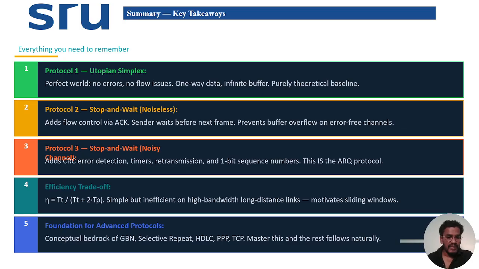Simple but inefficient on high-bandwidth, long-distance links, which motivates sliding windows, the foundation for advanced protocols. This concept is the bedrock of Go-Back-N, Selective Repeat, HDLC, PPP and TCP, the Transmission Control Protocol. That's it. Thank you very much.